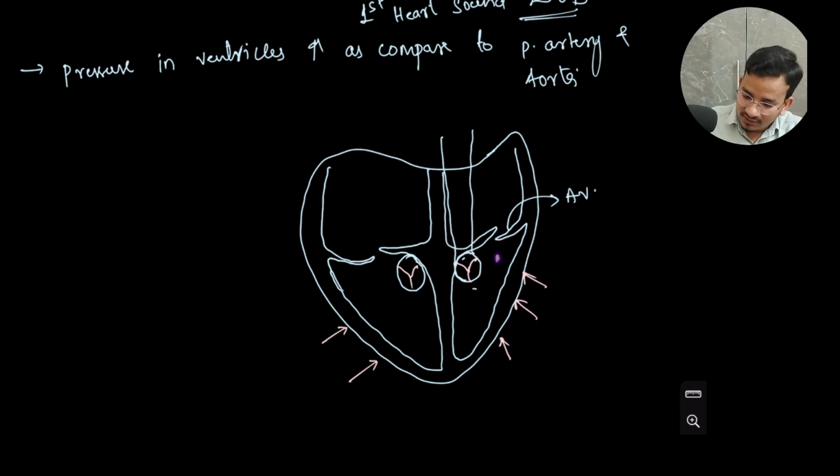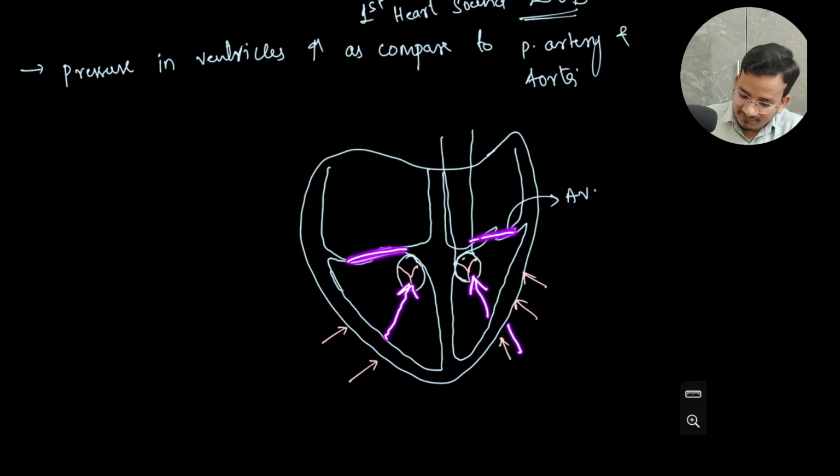Due to this pressure, these AV valves get closed, and closing of the valves produces the first heart sound, that is the lub. Okay, now you can see here these AV valves get closed. Now the pressure is on the semilunar valves.